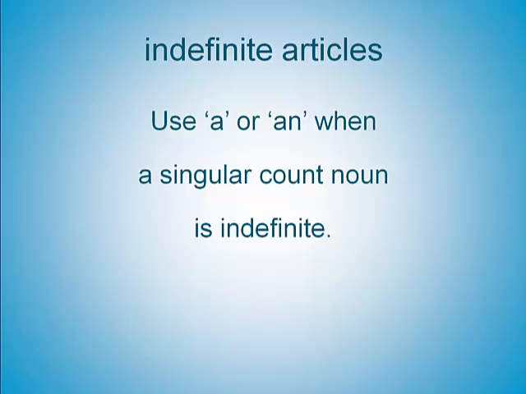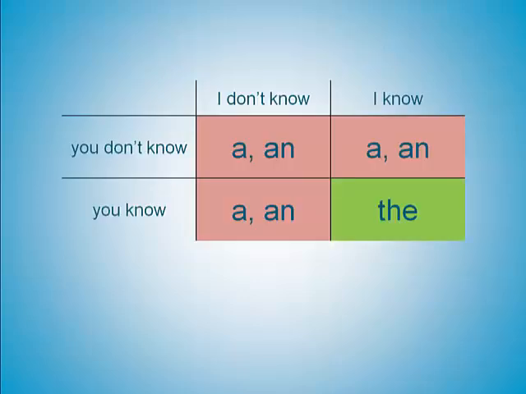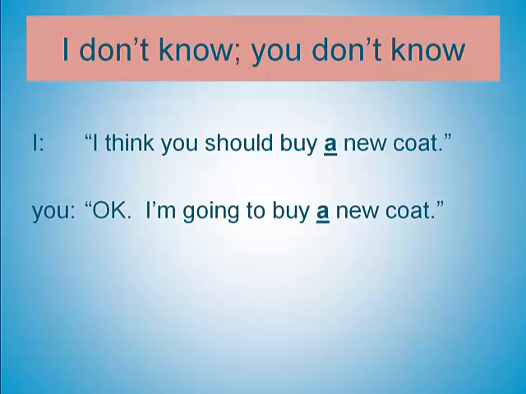Only use the if both you and your listener or reader are sure which thing is meant. For example, if I say, I think you should buy a new coat, I don't have in mind exactly which coat you'll buy. Neither do you.